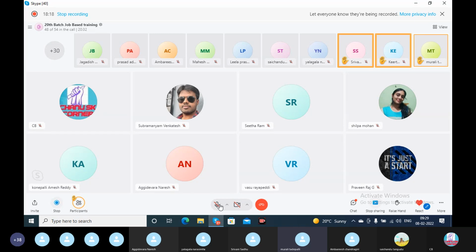We have to gather all the information from that company: how many end users are working there and how many vendors are there. So in that we can easily make the documentation. Whether or not we can participate at that level, we have to gather all the information.